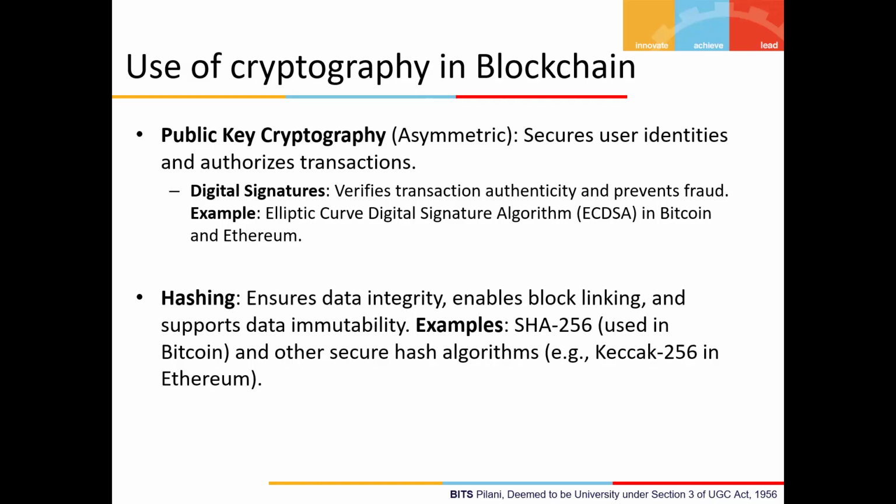To sign it, we need to use a digital signature, so that any other node in the blockchain network can verify the signature using my public key, right? The algorithm we use is the elliptic curve digital signature algorithm in Bitcoin and Ethereum to sign the transactions.